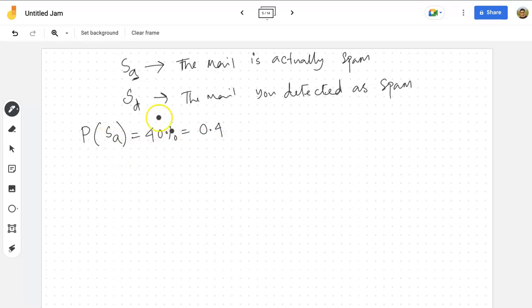Now obviously you know the probability that the mail is not spam. It is just the inverse, so it will be 60%, 0.6. Okay.